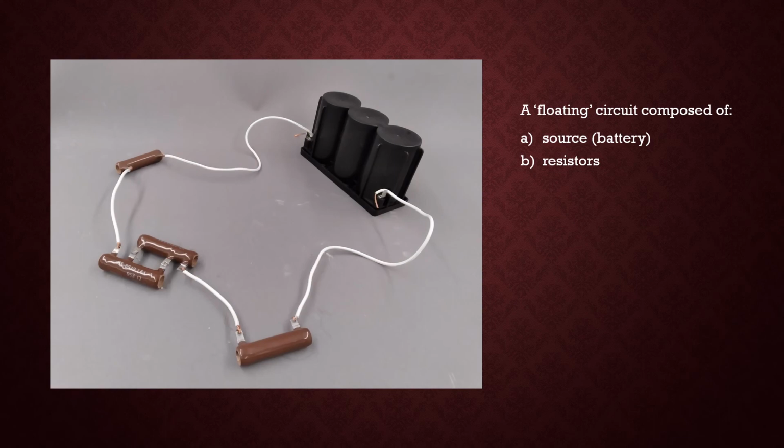There's no absolute potential involved here. The only meaningful statement about this circuit is the voltage difference between 2 points along the completed circuit. Were I to take one of the leads, in other words one of the terminals of the battery, and attach it to ground, then I would have a grounded circuit.